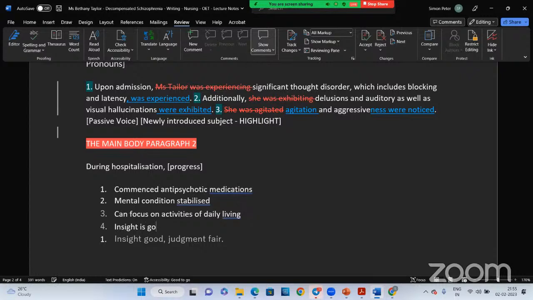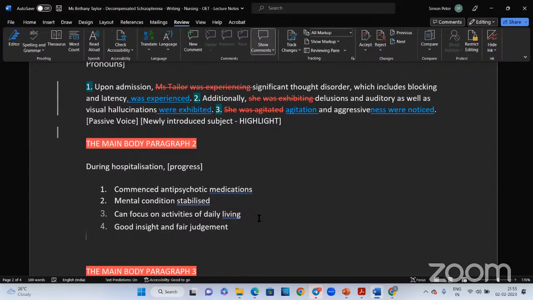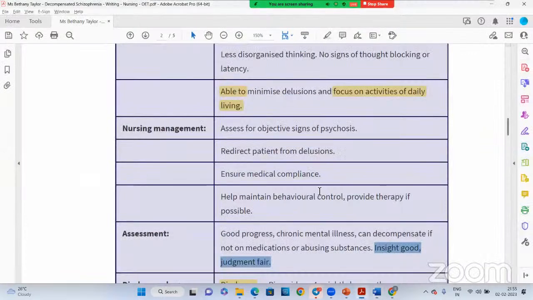Insight is good, or you can say good insight and fair judgment. Good insight and fair judgment. That's very fine.